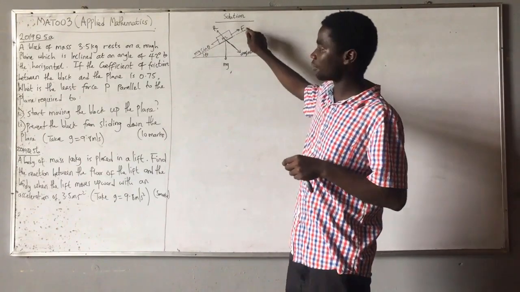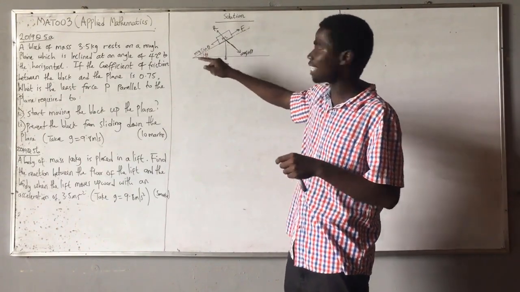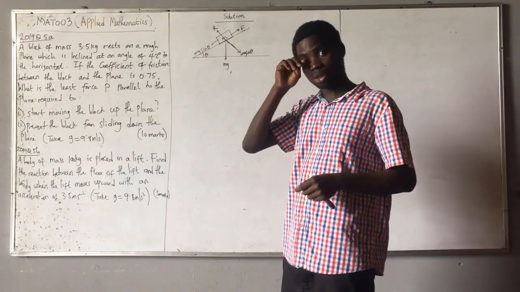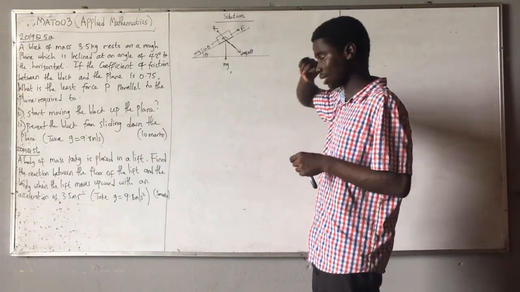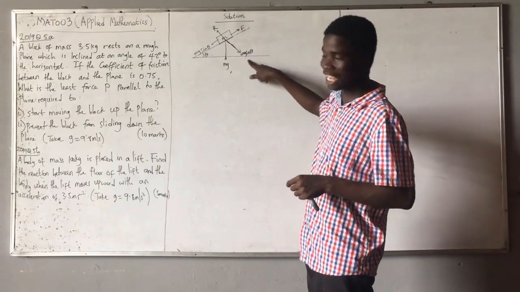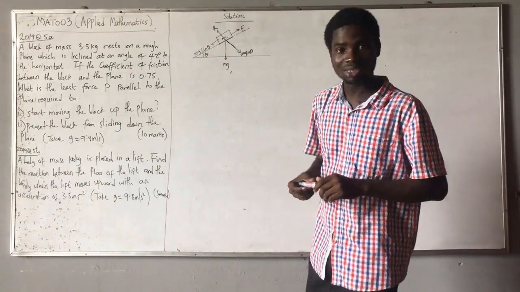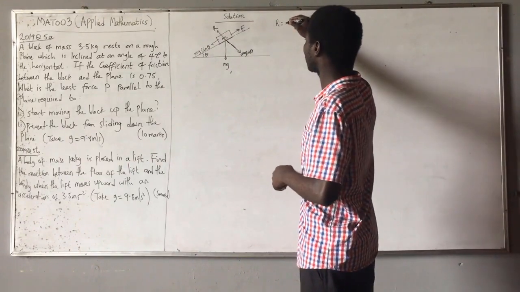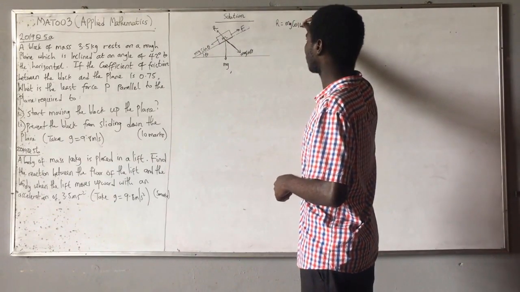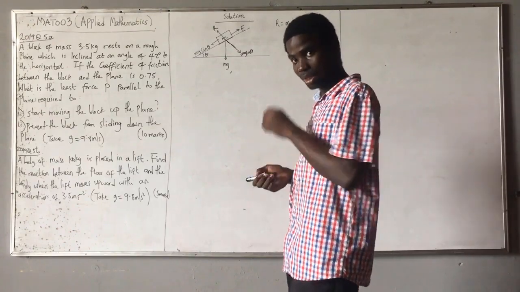But if the force is greater than mg sine theta, it will be moving upward. Do you understand my point? And this is the normal reaction. Normal reaction is exactly equal to mg cos theta.